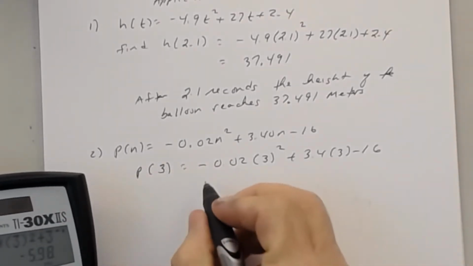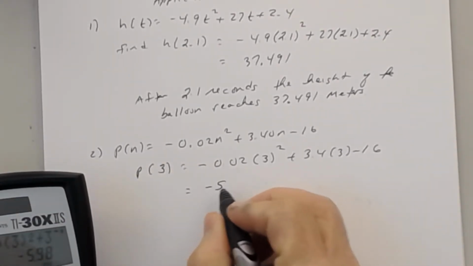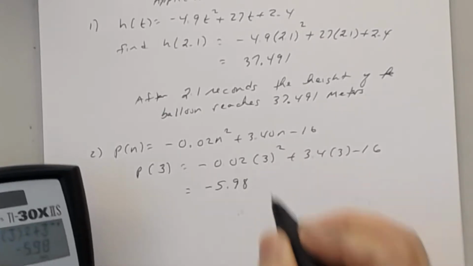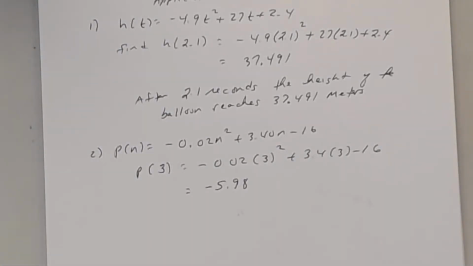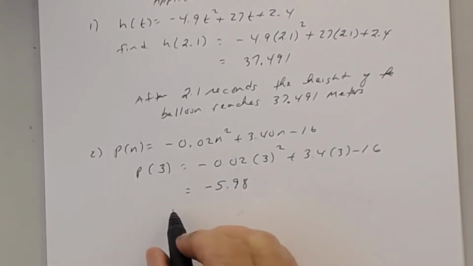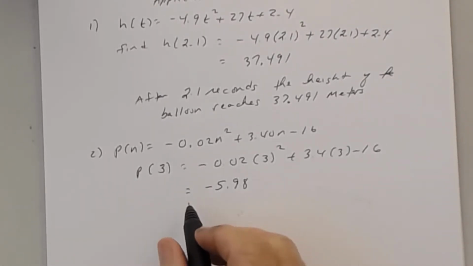What did you all get? Negative 5.98. Yes, I got the same, negative 5.98.